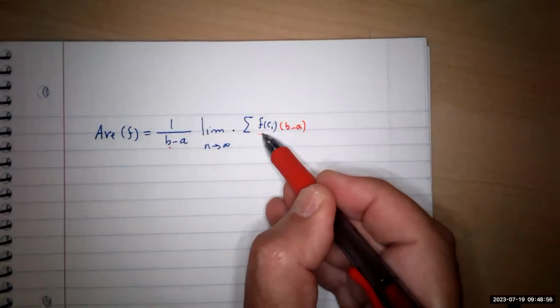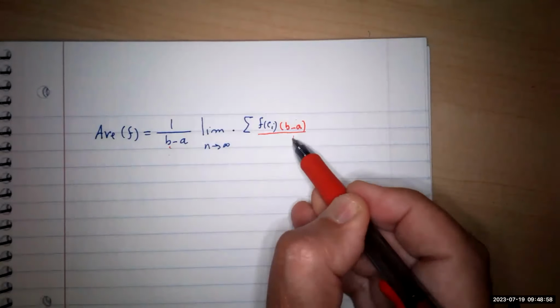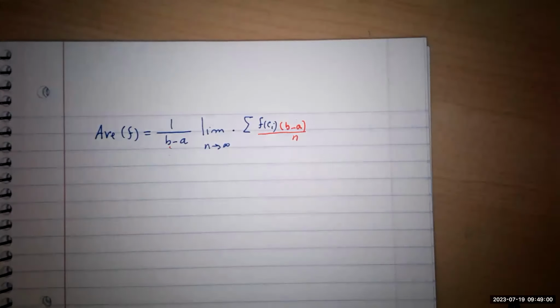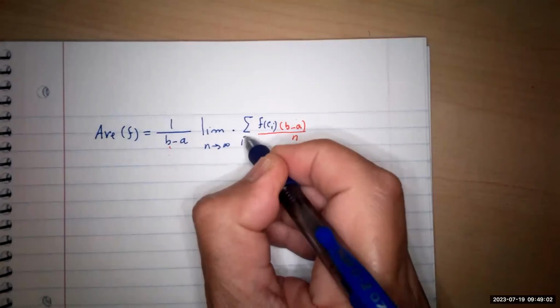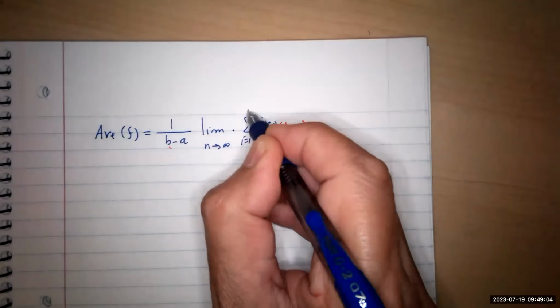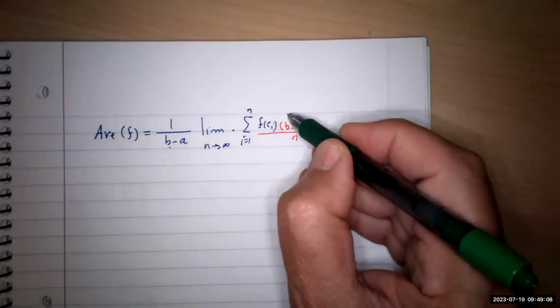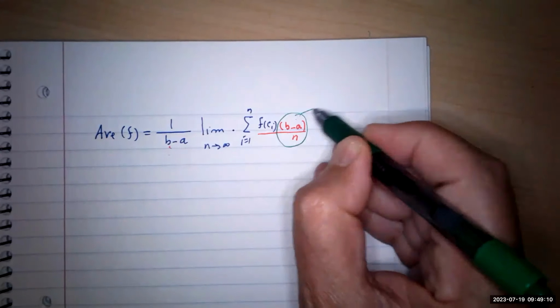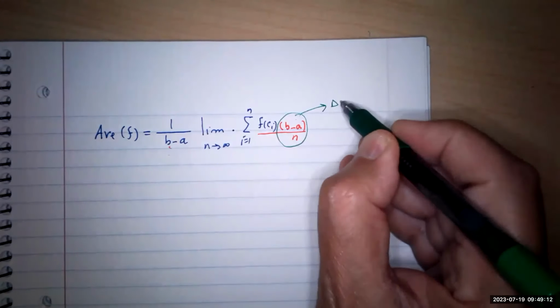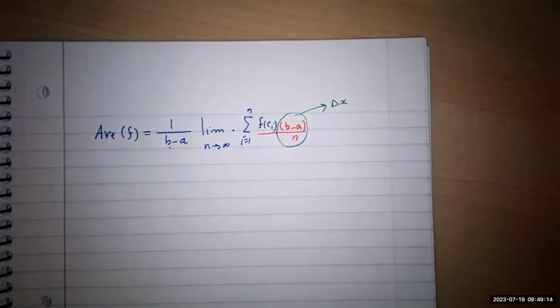And then the bottom one is simply n, with i from 1 to n. But look at this one. Remember, this is simply delta x.